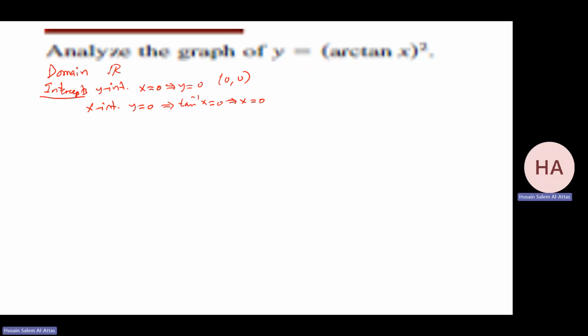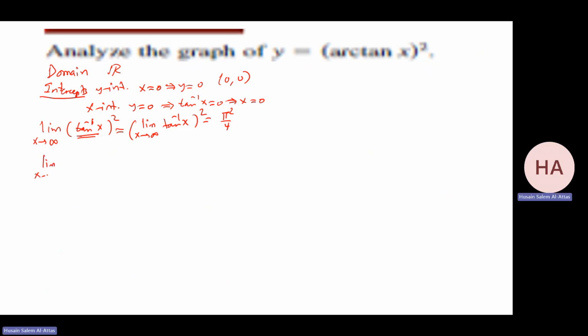I know that the limit as x goes to infinity of tan inverse of x squared will be pi over 2 squared, that is pi squared over 4.